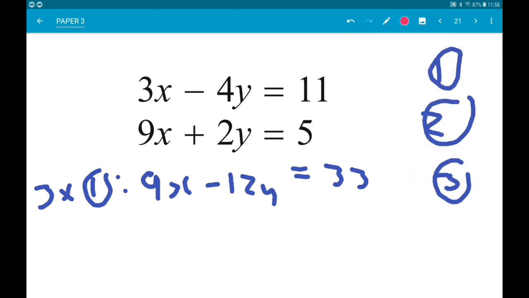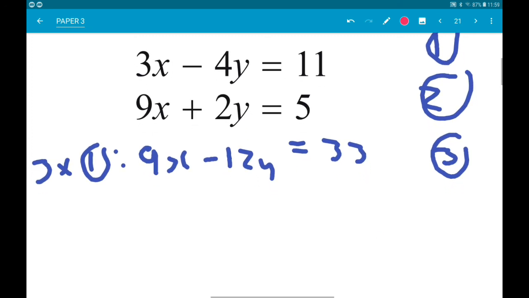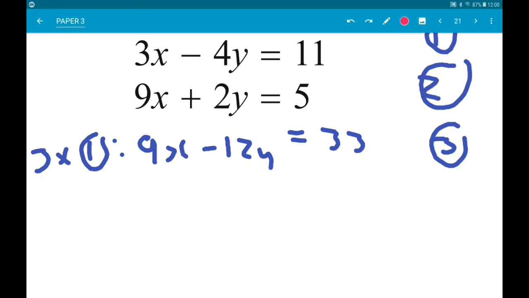Now we can get rid of the x's by doing either 2 take 3 or 3 take 2. So I'm going to do 3 minus 2. So equation 3 minus equation 2. So we got 9x minus 9x, that cancels out, that's the whole point. Then we have minus 12y minus 2y.